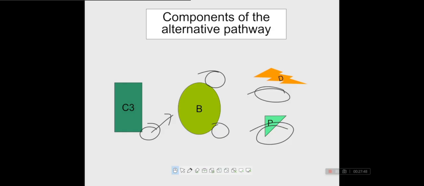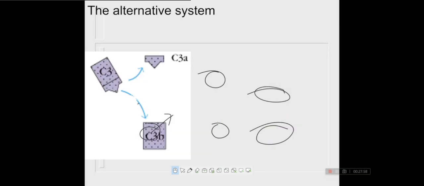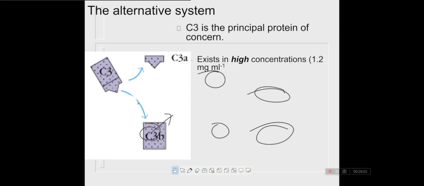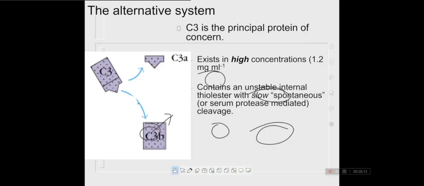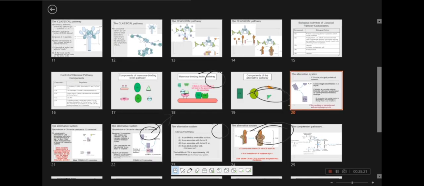Now what are the components of the alternative pathway? The components of the alternative pathway are C3, B, P and D, right? In the alternative system, C3 is the principal protein of concern, exists in high concentration, and contains an unstable internal thioester with slow spontaneous or serum protease mediated cleavage.